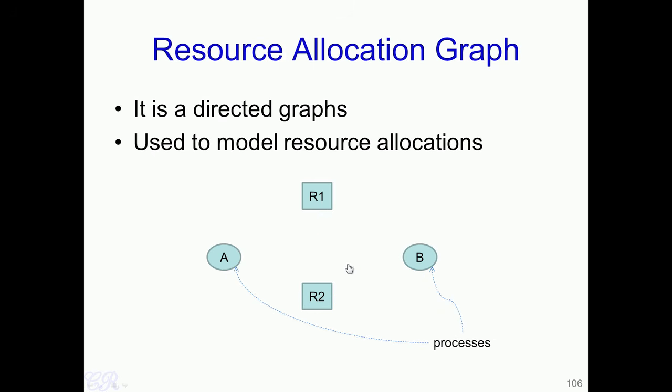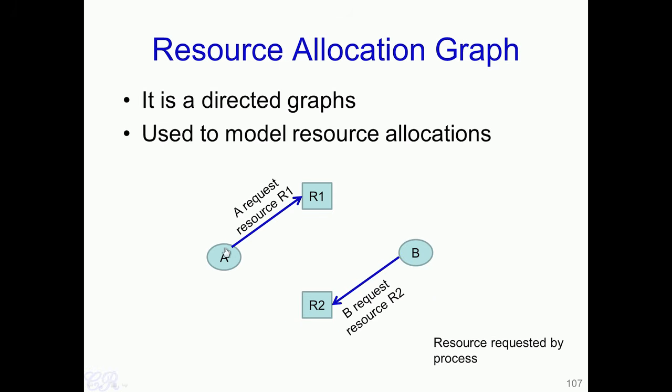In a similar way, circles as shown here are used to represent processes, and as we saw before, an arrow directed from the process to the resource indicates that a request is made for that resource. For example, here the arrow from A to R1 indicates that A is requesting resource R1.